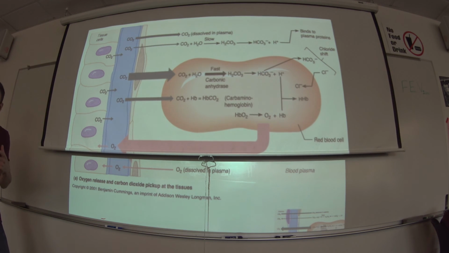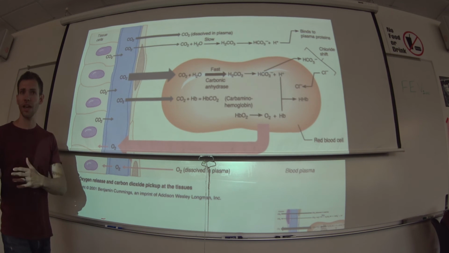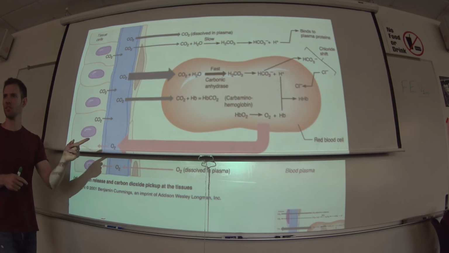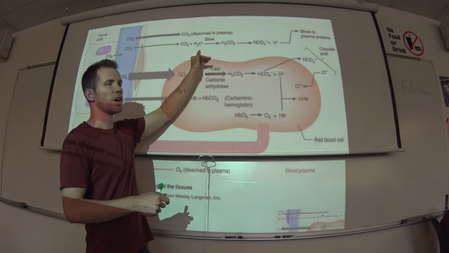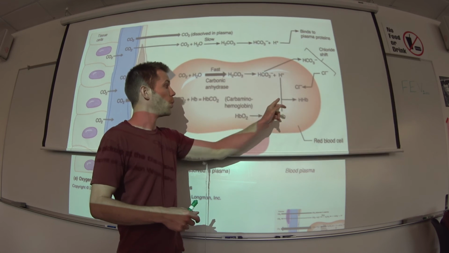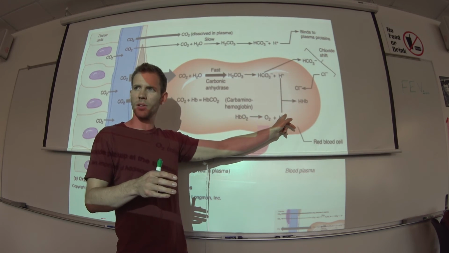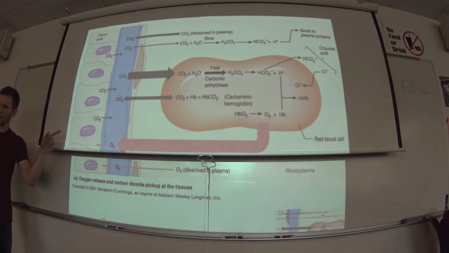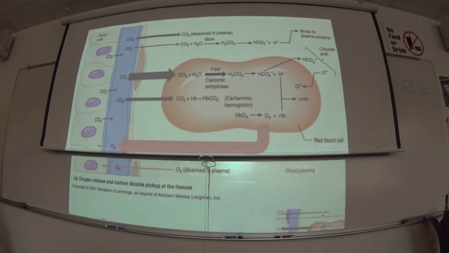It gets stuck to it and actually makes hemoglobin worse at carrying oxygen. But that makes a lot of sense because we're at the tissues. So when CO2 comes in, it results in a hydrogen ion being produced, which sort of breaks hemoglobin a little bit and allows it to more easily dump off oxygen. That's called the Bohr shift in the hemoglobin loading curve.